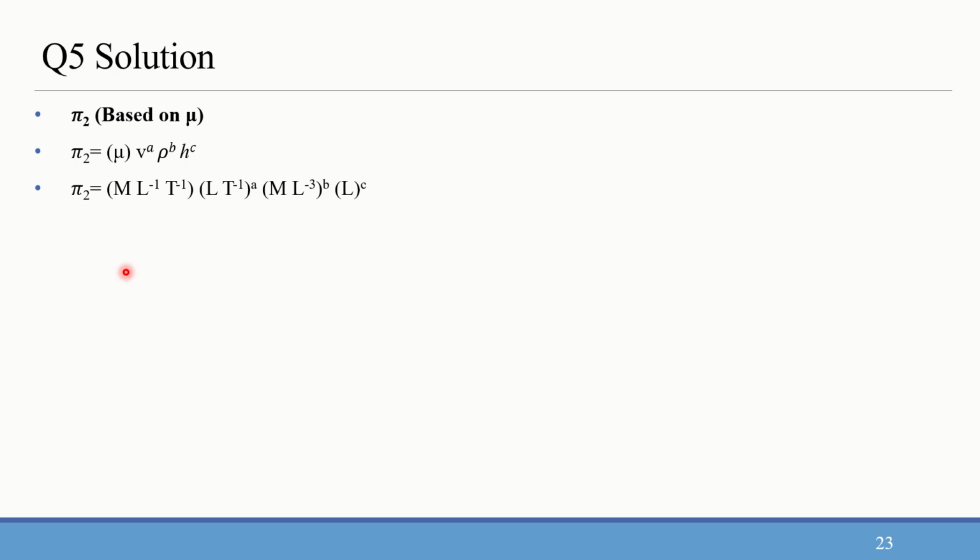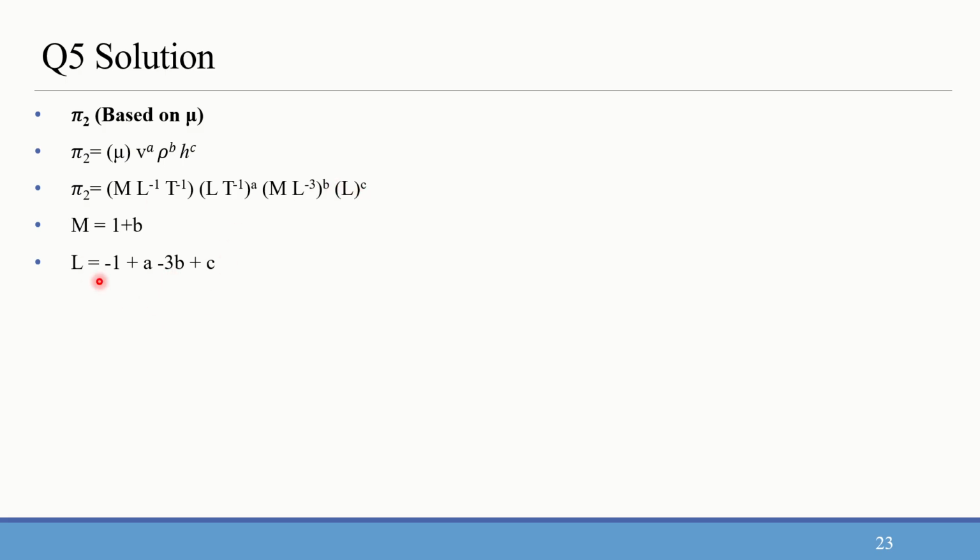So now we have to separate the units for each. So M is 1 plus b. How we got here, it is 1 and here it is b, M 1 plus b. For L, what will we get? We will get minus 1 plus a minus 3b plus c.